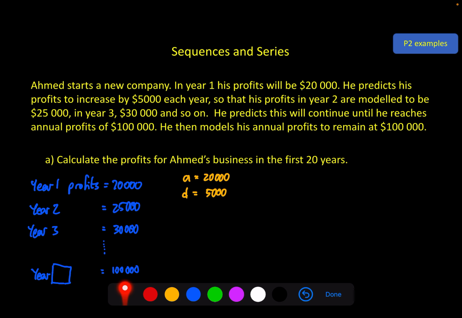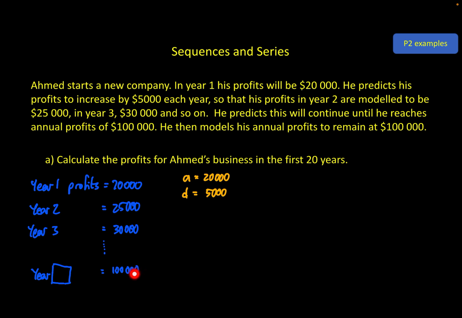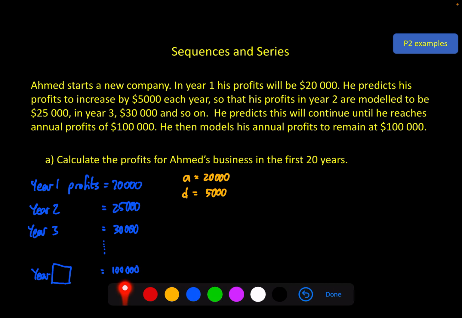So my first question is, what is this number? And our nth term here needs to equal 100,000. So my general term, u of n, is equal to a plus n minus 1 d. My question is, when does that equal 100,000?